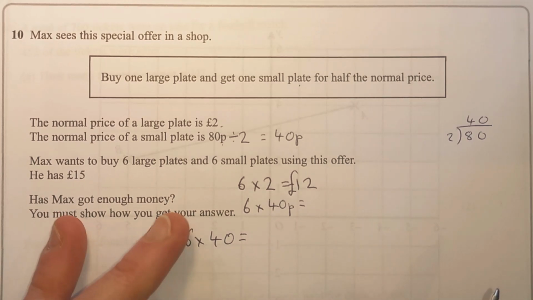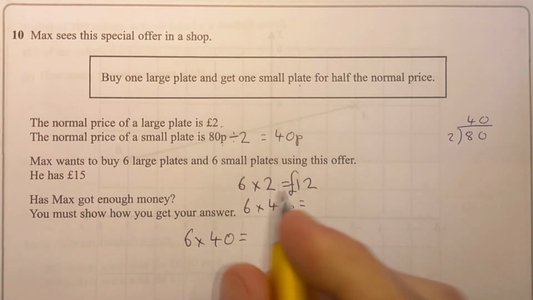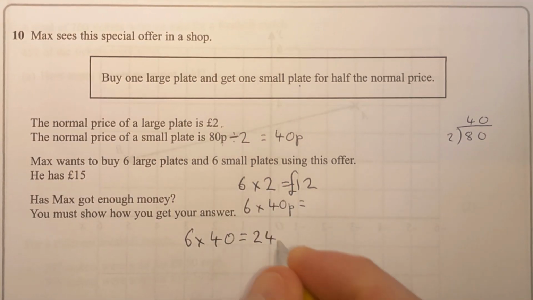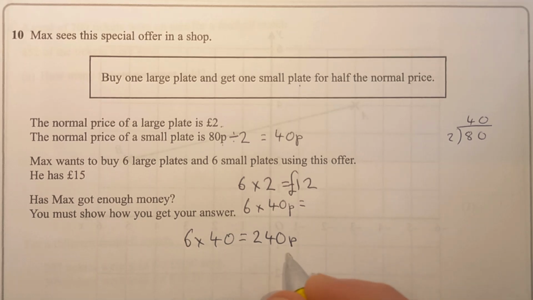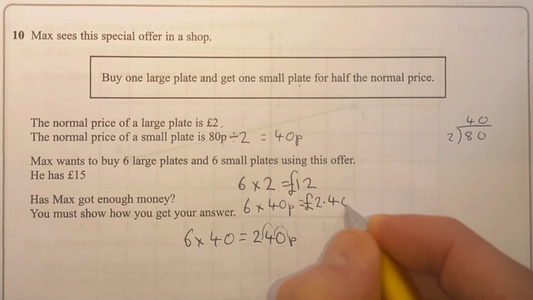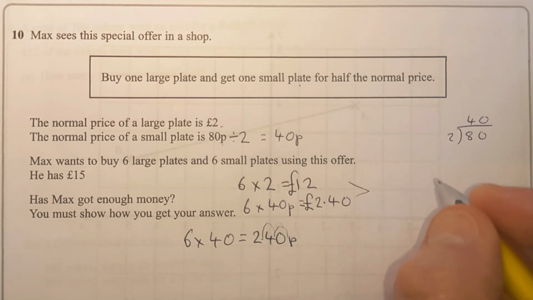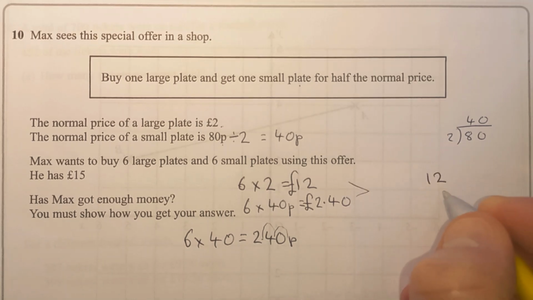So 4, 8, 12, 16, 20, 24. And then put the 0 on. So 240p. But we want that in pounds, so we're going to move the decimal point twice. So we get £2.40.